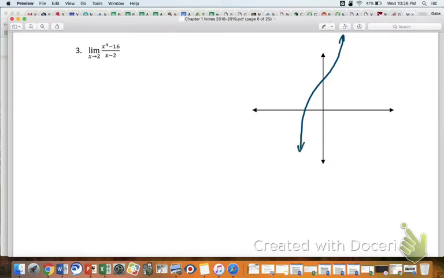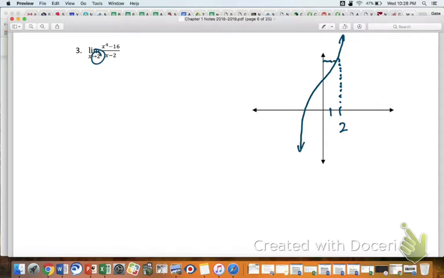It's not a perfect graph, but it's close. Of course, we're looking for what's going on. The limit as x approaches 2. So maybe that's 1, maybe that's 2, something like that. We might look up there and say, oh, look, a nice continuous function. That must be the y value.